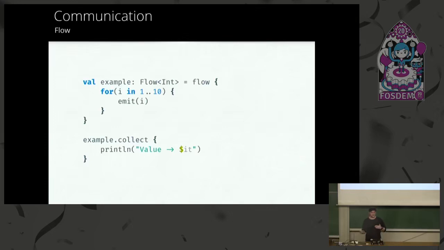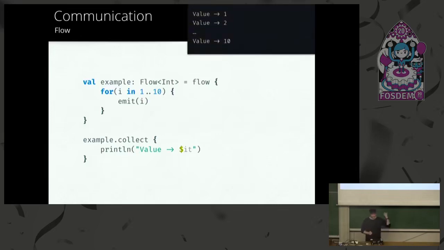The big difference is that a channel is hot, meaning you have a coroutine behind it or multiple coroutines feeding data that is active all the time. A flow is actually cold until you call the terminal function on it. So it's not going to do anything until you collect. And you can collect it multiple times and hopefully get the same result. You get the same execution. The result is up to you.